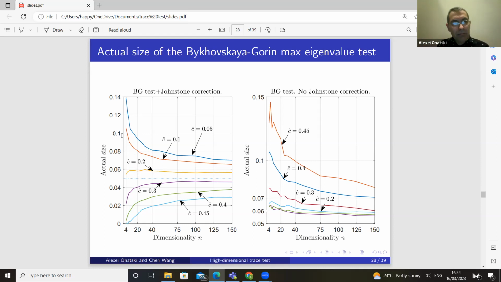And it converges to 0.5, a little bit slower to my taste, but it's okay. It's doing its work, and without correction for relatively small values of C, it's actually doing very well. It's converging to 0.5 here, maybe slightly slower than the convergence of the trace test.